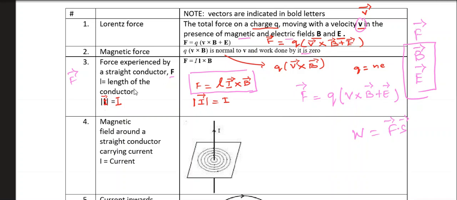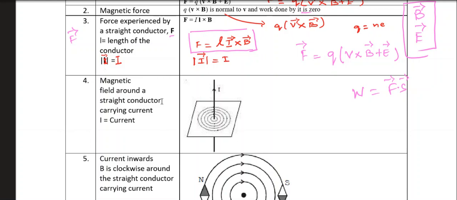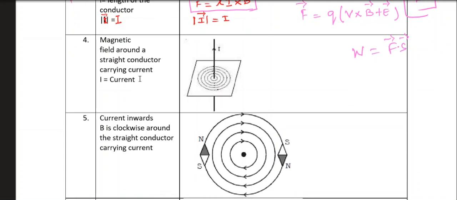L is the length of the conductor, and I is the magnitude of the current, so the modulus of the current vector is equal to I. This equation is very important to explain the force experienced by the straight conductor of length L, where the force is F and the current is I.